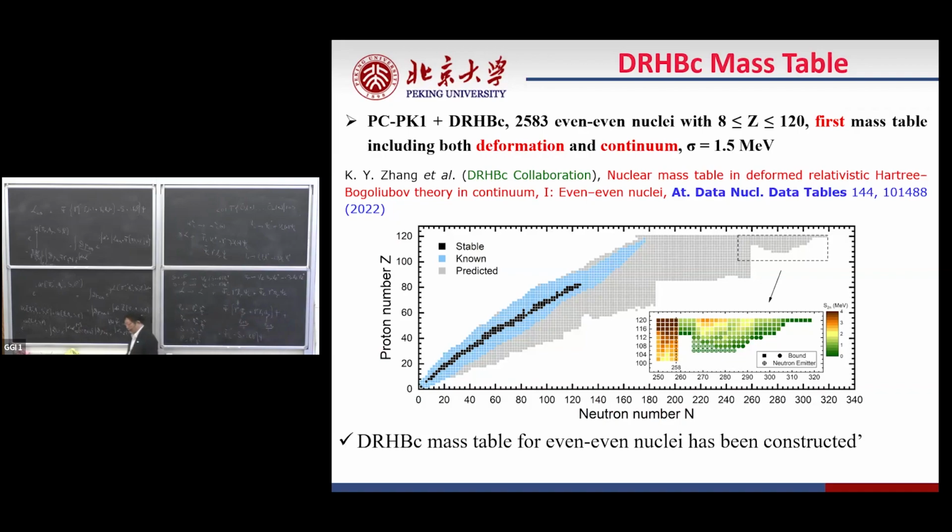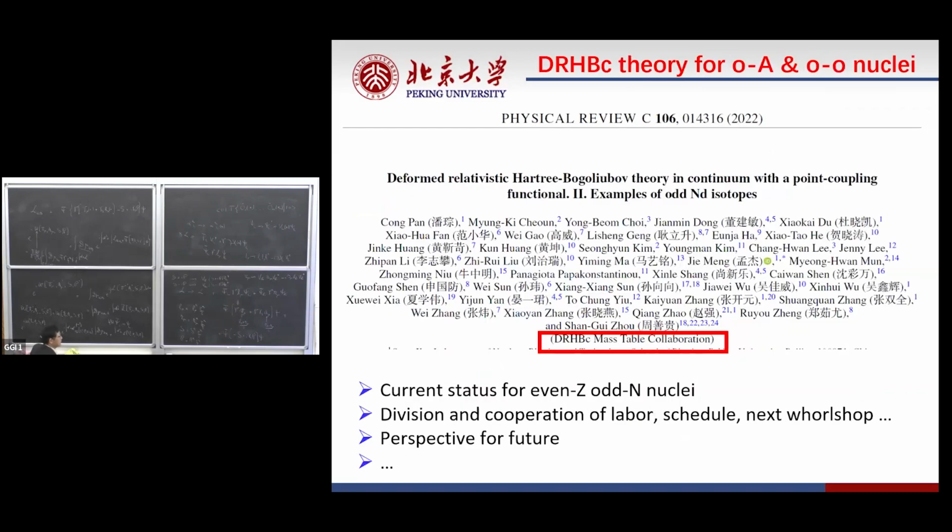And then, of course, these nuclei are stable because of the deformation. Without the deformation, there's no such phenomenon. So the continuum and also the deformation really make something very interesting.